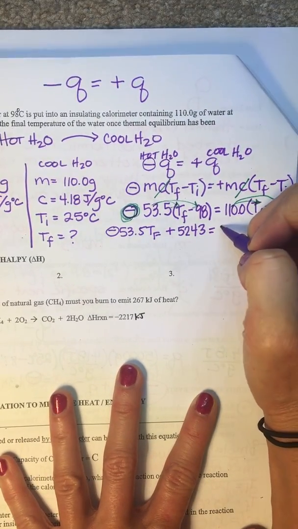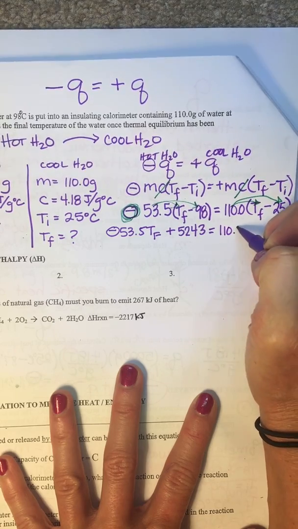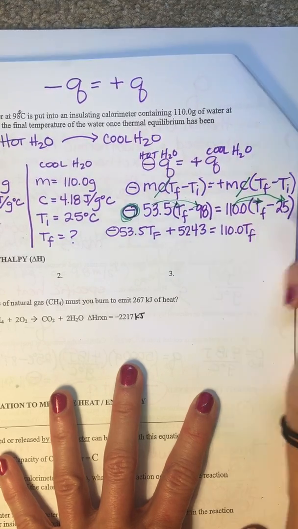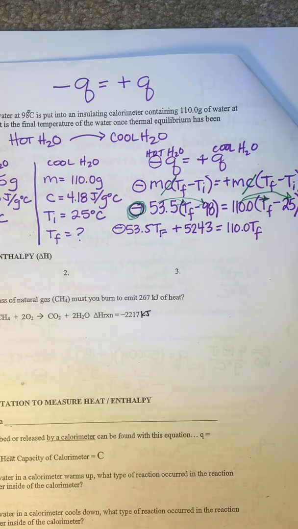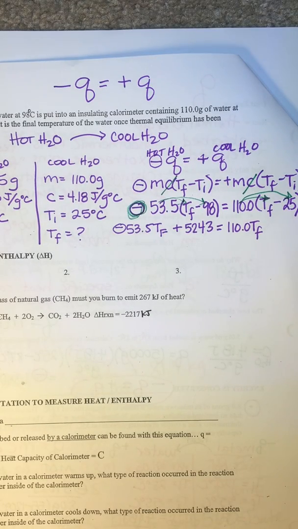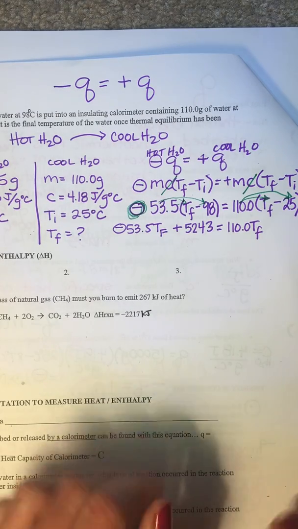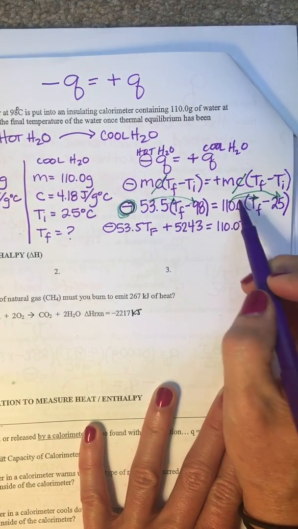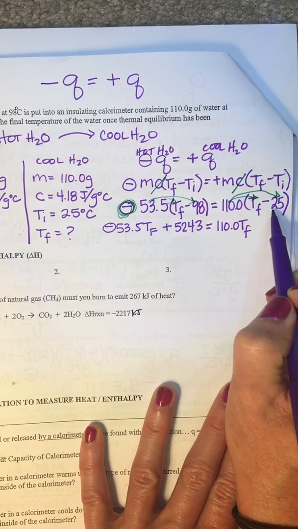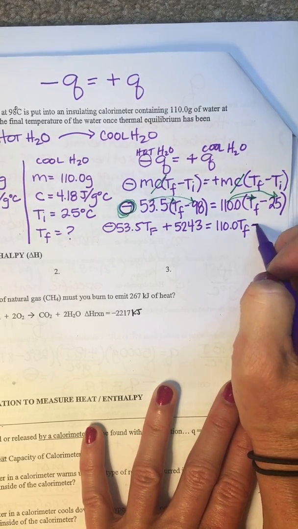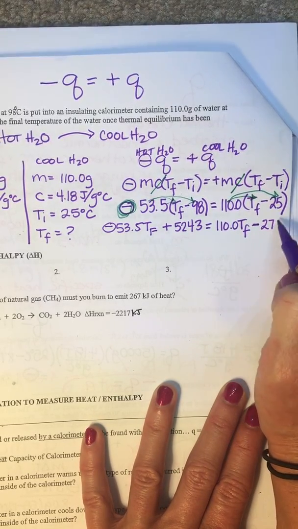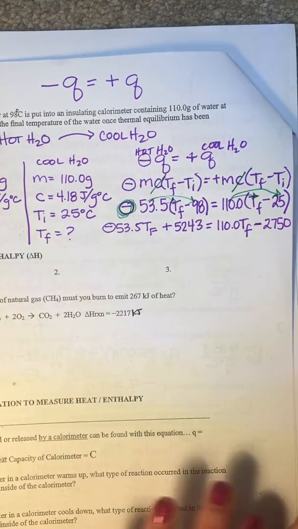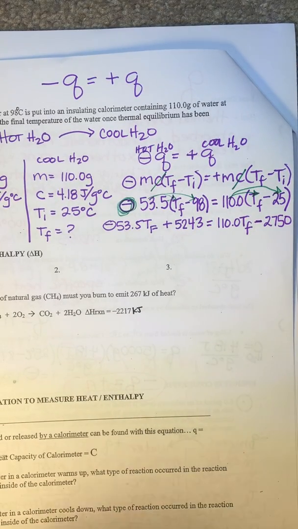Equals, we've got 110 TF, and then 110 times 25 is 2,750. And there's still going to be that negative here because this is a positive number times a negative number. So we've got negative 2,750.